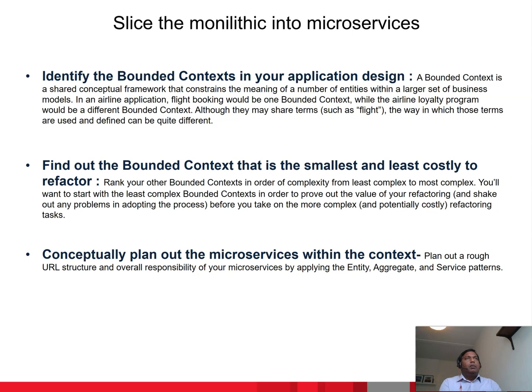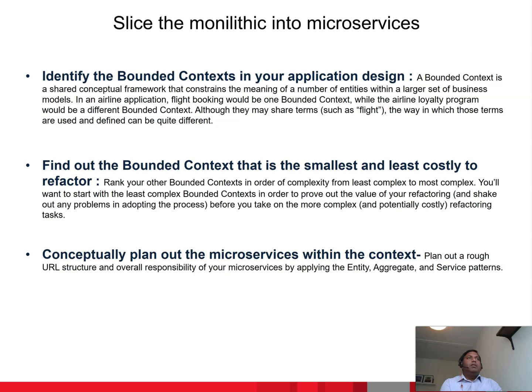A bounded context is a shared conceptual framework that constrains the meaning of a number of entities within a larger set of business models. For example, in an airline application, we have flight booking as a module, which can be one bounded context, while the airline loyalty program can be another bounded context.